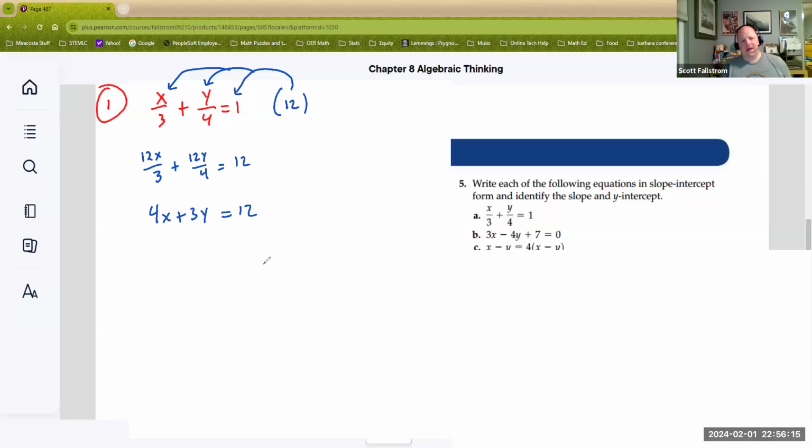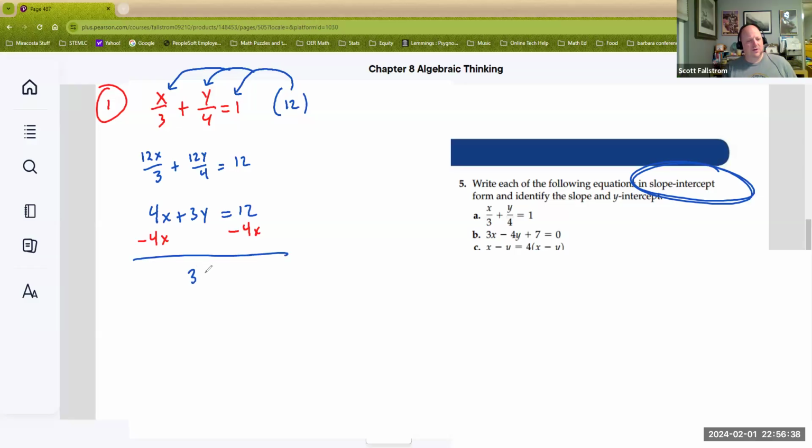Okay, that seems not bad. I don't have to deal with fractions, perhaps. Maybe I feel more comfortable with that. Now you still have to get it in slope-intercept form, which means you have to get the y by itself. So get rid of the thing that is not a y, right? Simplify.